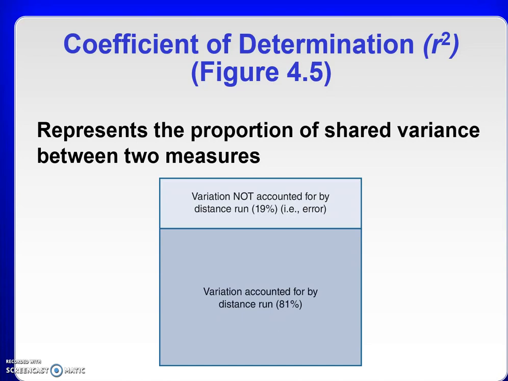So in this example, we can see that 19% of the variation is not accounted for by the variable. However, 81% would be accounted for by the variable. So to determine the likelihood or the measure of error between your two variables, you would look at the coefficient of determination.